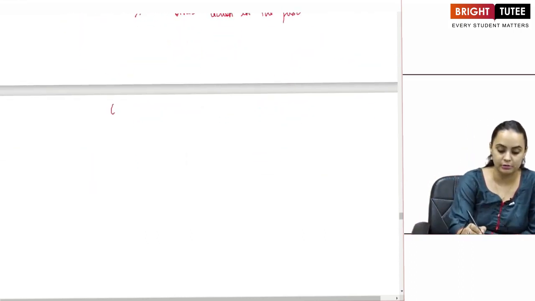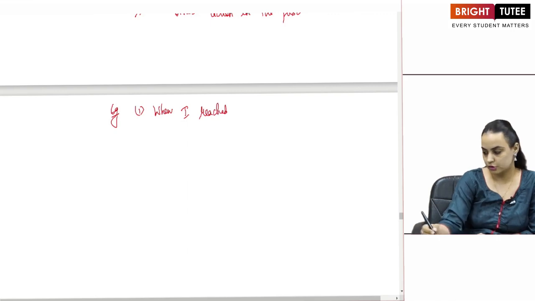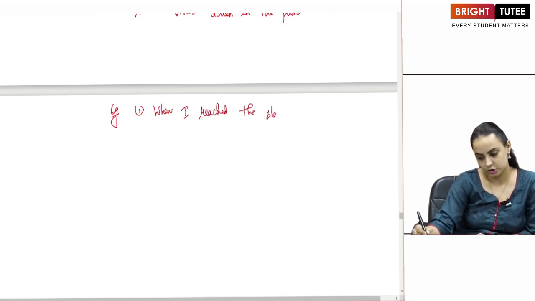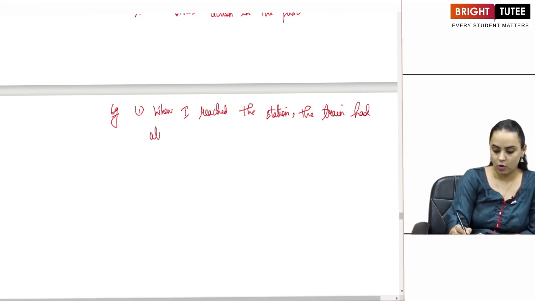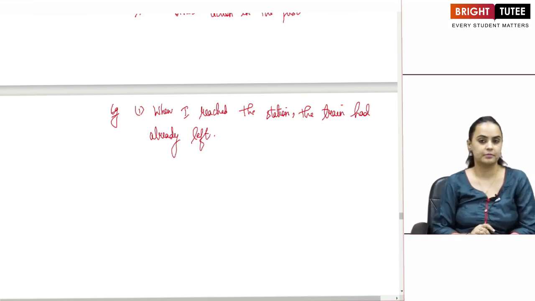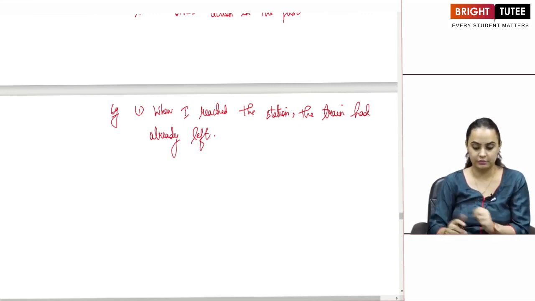For example, when I reached the station, the train had already left. There are two actions which are taking place in this sentence if you observe.